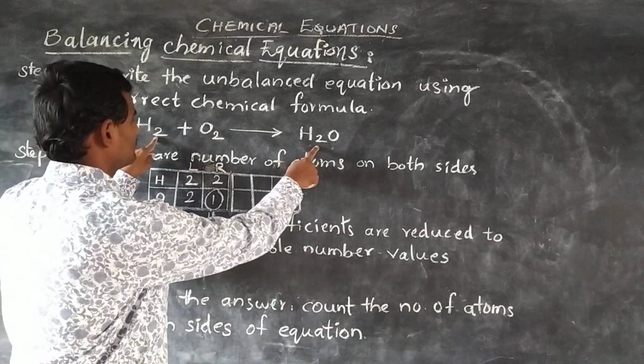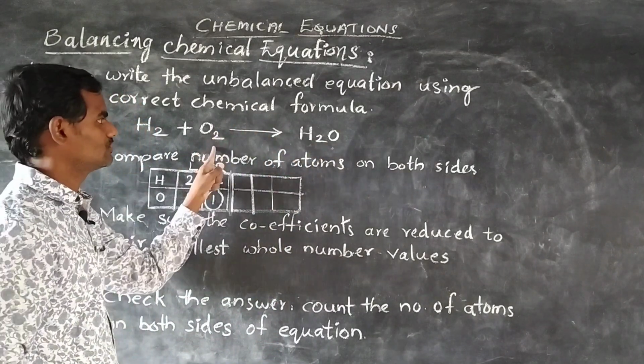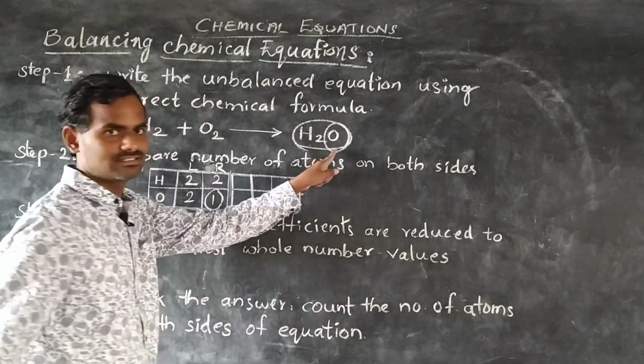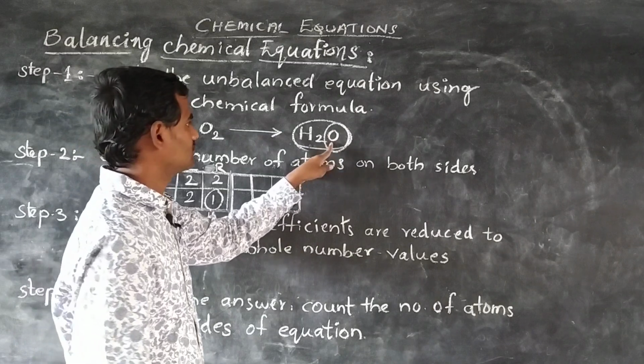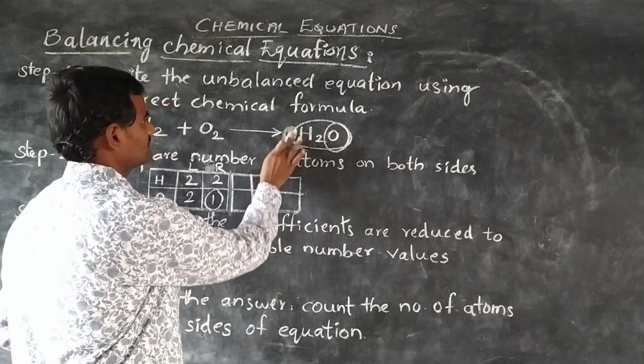So hydrogen is 2 and 2, it is balanced. Oxygen is 1 here and 2 here, so we have to balance the oxygen which is present in water. For this, we have to add 2 at the coefficient place.